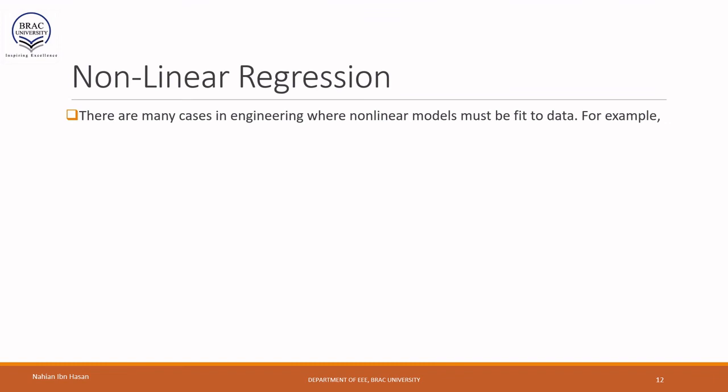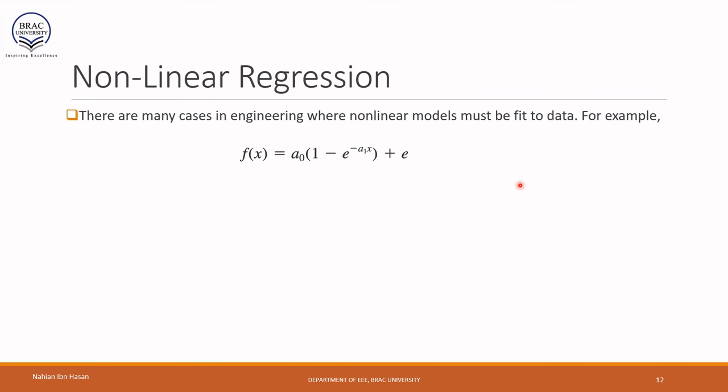Now let's move on to nonlinear regression. That means we are given a function that is not linear. There are many cases in engineering and in your study or research where you would like to fit nonlinear models to the data points. So these are not linear regression, these are nonlinear regression. We are fitting some other types of curves that are not linear.